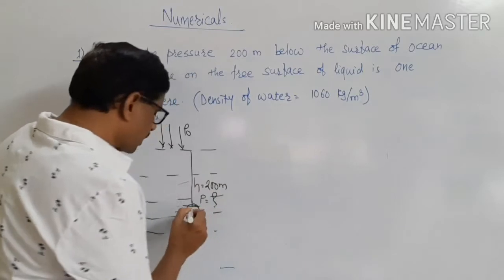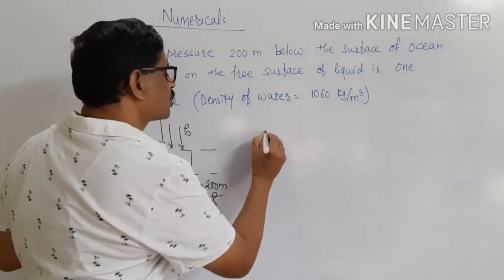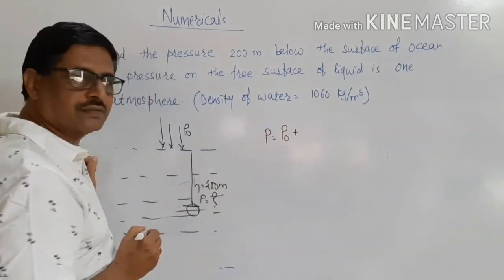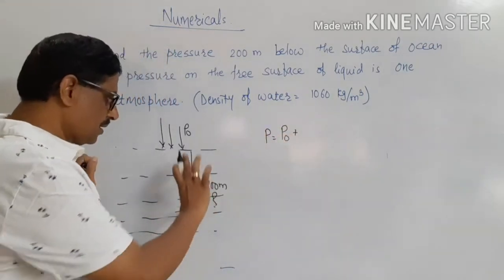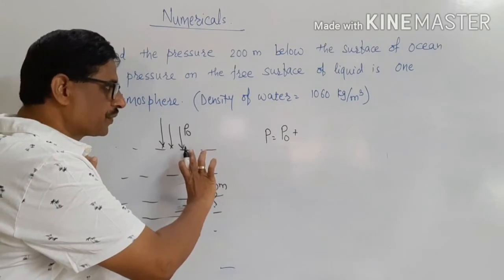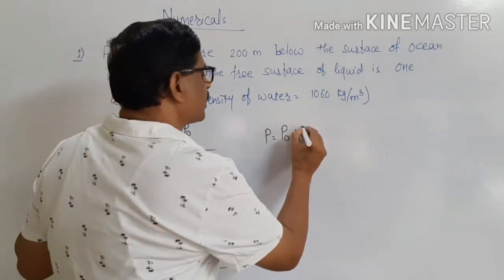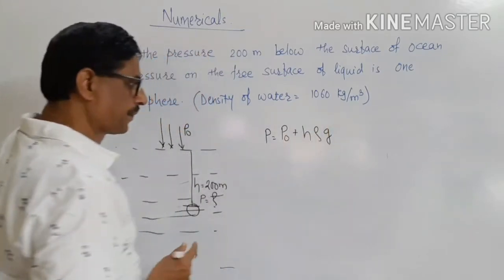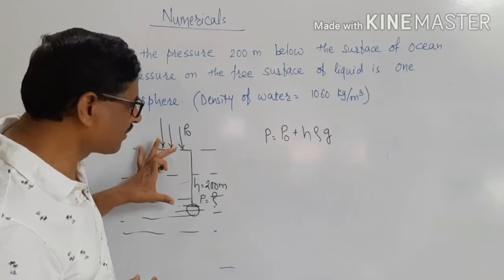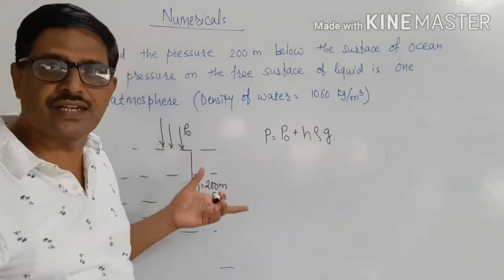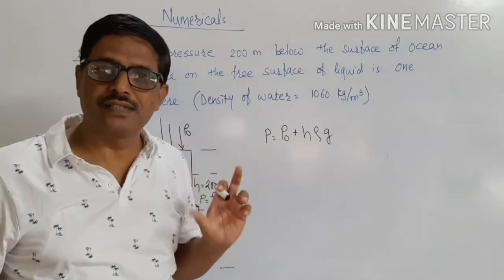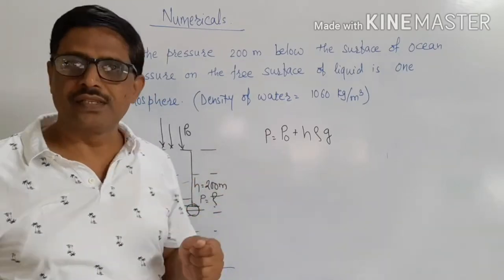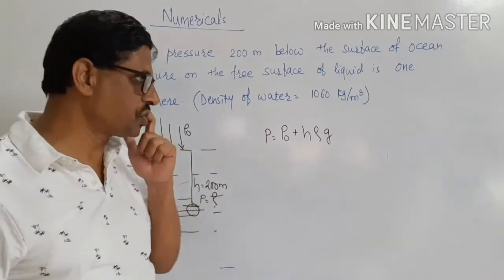The total pressure at a depth is P, which is sum of atmospheric pressure plus the pressure due to the liquid column. Pressure due to liquid column is h into rho into g, where h is the depth of the liquid column from the surface, rho is the density of liquid, and g is the acceleration due to gravity, and P0 is the atmospheric pressure.